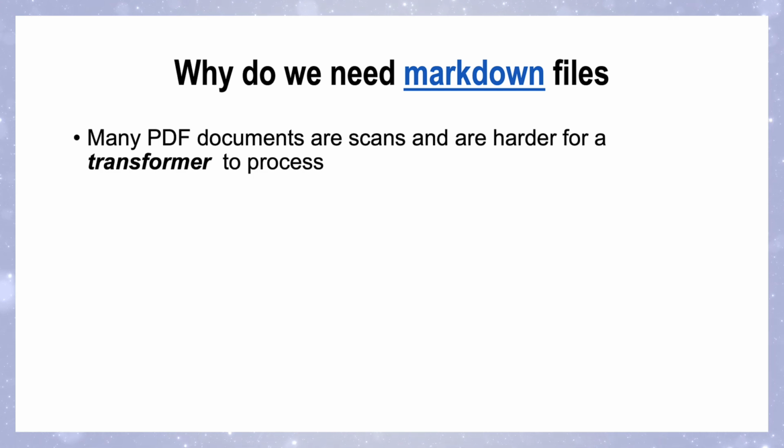Okay, many PDFs are scans and are harder for transformers to process because the transformers want to be reading text, and many of them can't do the OCR, or optical character recognition, to get it from an image that's in a PDF to text.